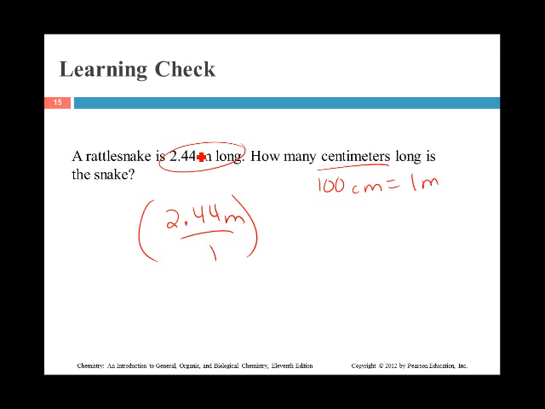All I've done is taken the number we're trying to convert and change it into a fraction. I have not actually changed the value of it. Anything divided by 1 is still itself. So 2.44 meters is the same thing as 2.44 meters over 1. I haven't changed its value.